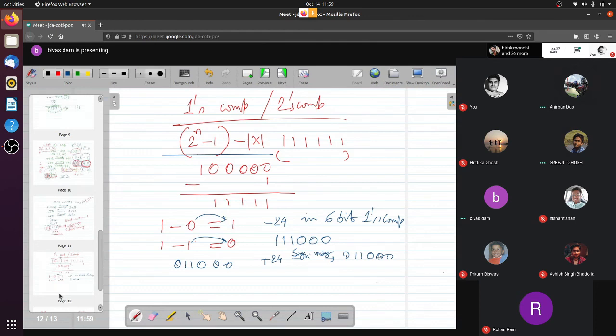So for plus 24, the sign magnitude representation is given by 0 1 1 0 0 0. Now find out the actual sign of the number. Positive or negative? Negative. Now here I have an if-then-else type of clause. If the number is originally positive, this sign magnitude representation is the ones complement representation of the number.